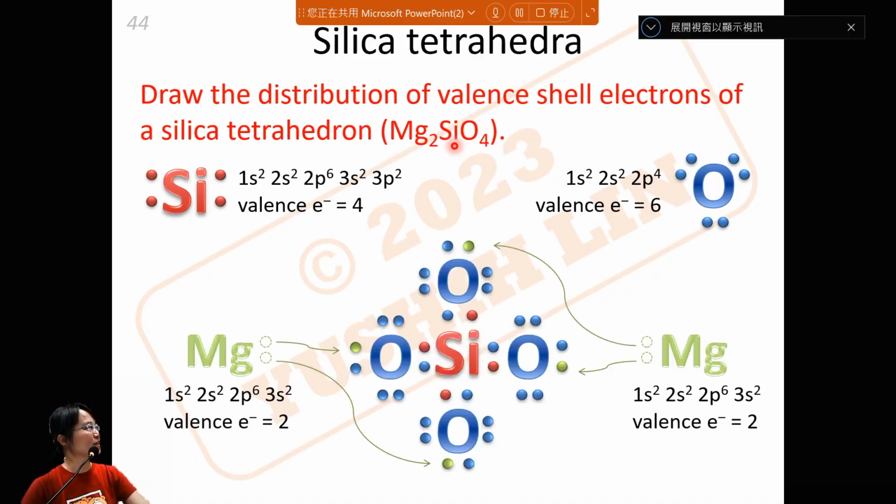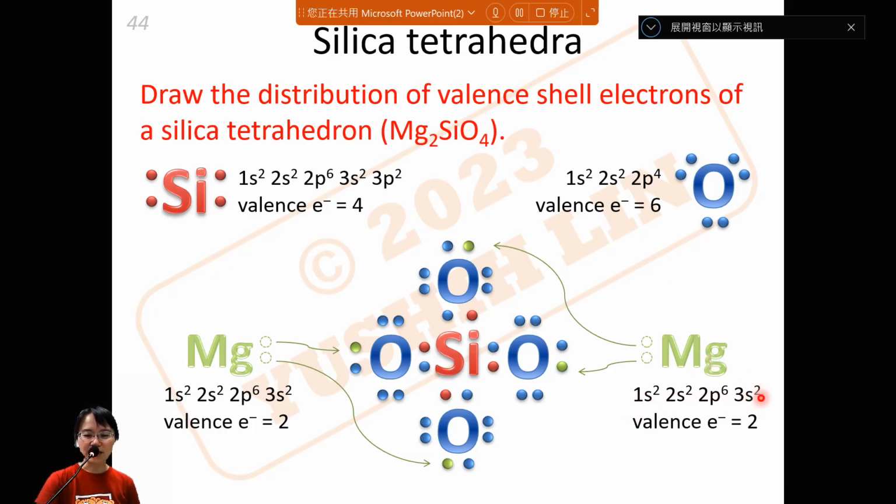So this is how it really works. Silicon, 4 valence shell electrons, and oxygen, 6 valence shell electrons, and the magnesium atom, this is the electron configuration.